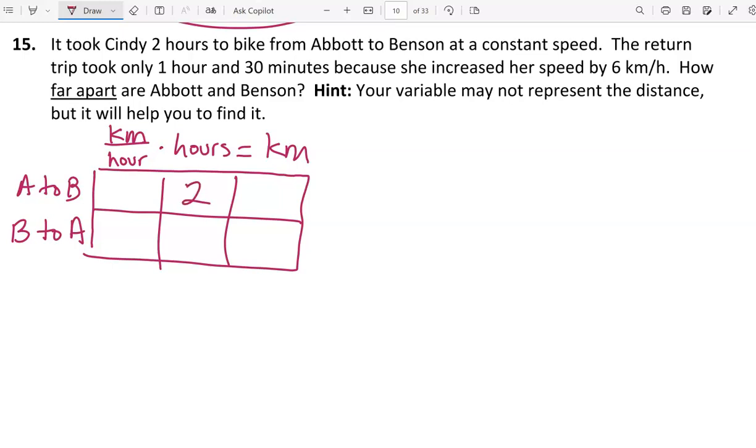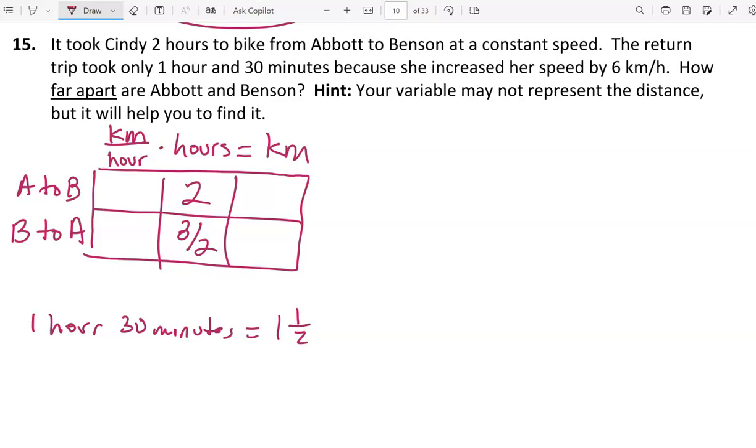That's something we can put in the chart immediately to go from Abbott to Benson. The return trip took 1 hour and 30 minutes, which is 1 1/2. We're going to change that to an improper fraction, 3/2, so that we can use that algebraically.